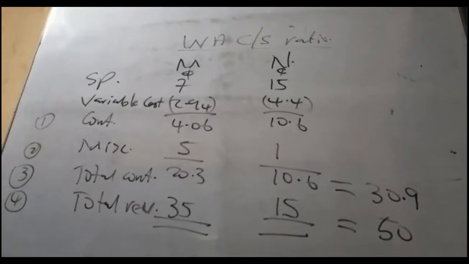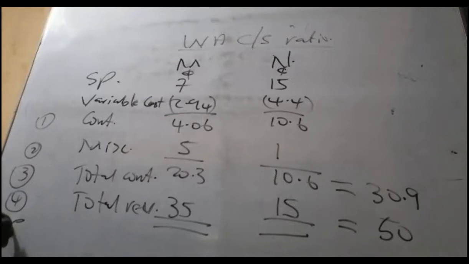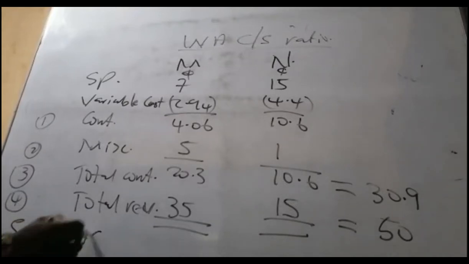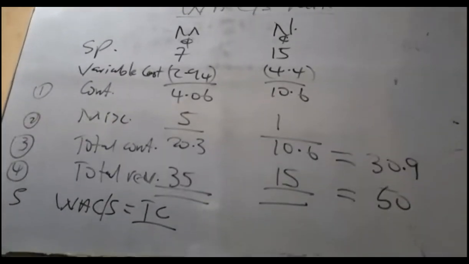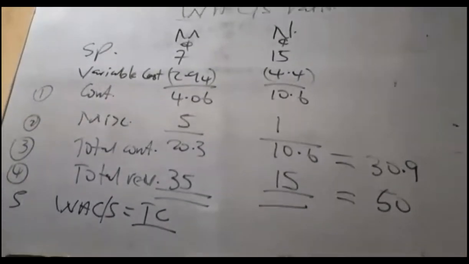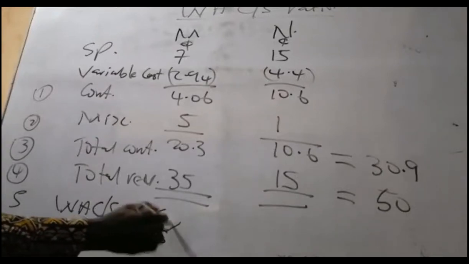Let me clean the top and do it there. So in short, step 5: the weighted average contribution to sales ratio is equal to total contribution over total sales times 100.